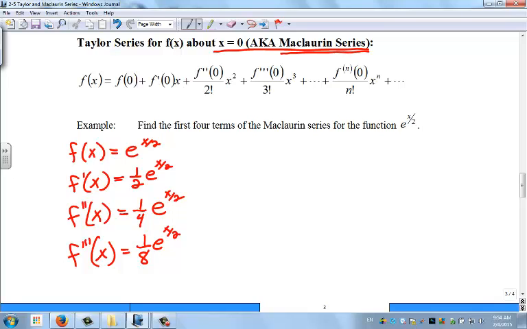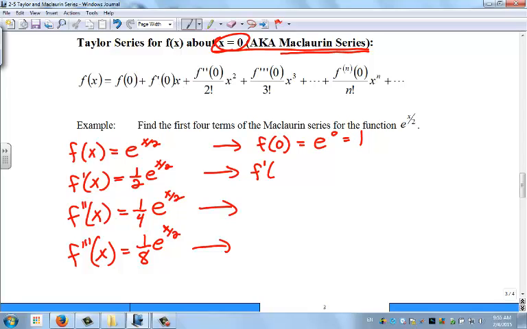So the pattern in the series is going to be easy to determine because there's already a pattern in your derivatives. So let's evaluate this. This is about x equals 0, so we're going to evaluate these at 0. F of 0 equals, guess what? E to the 0, which is equal to 1.